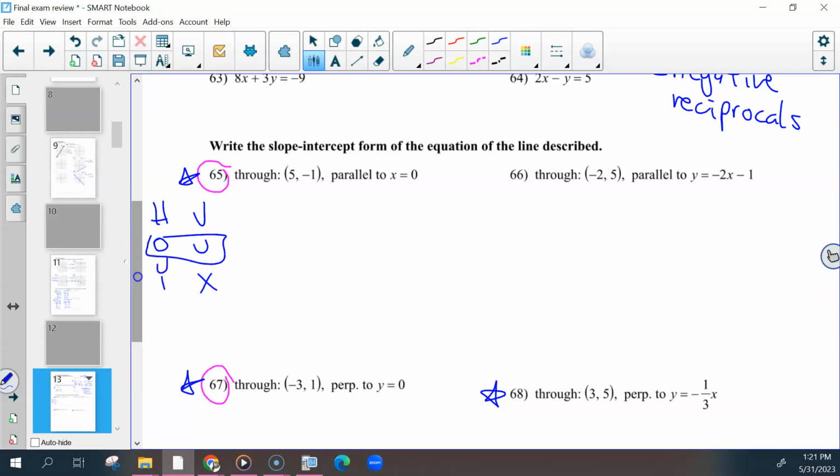If it's an x equals, this would be an undefined slope. If it's parallel, it's going to have the same type of slope, so our new equation will also be undefined, will also be x equals. And you look at the x value. And that's it. So there's really no work to do there. You have to know horizontal lines and vertical lines, the types and the slopes, and what value to put.